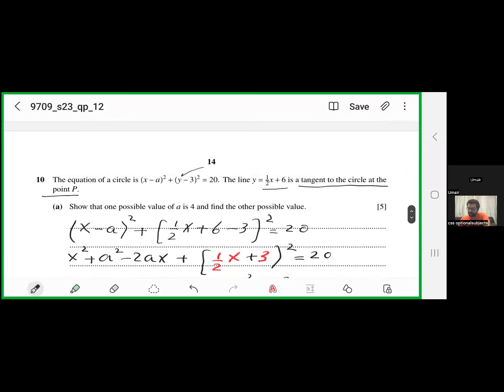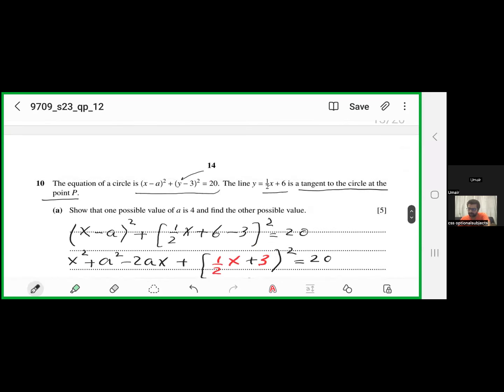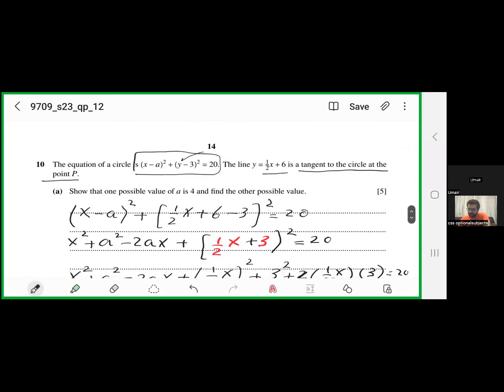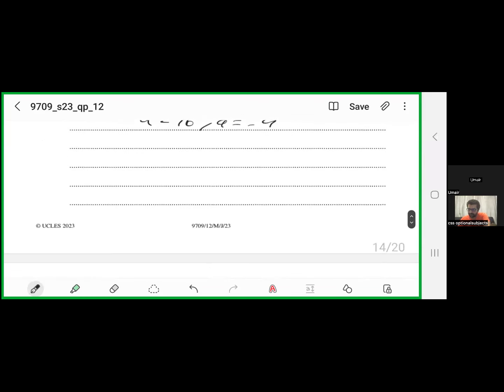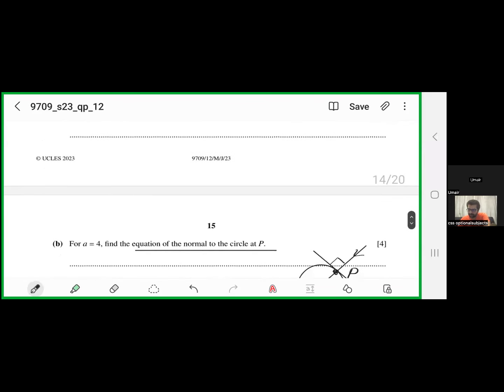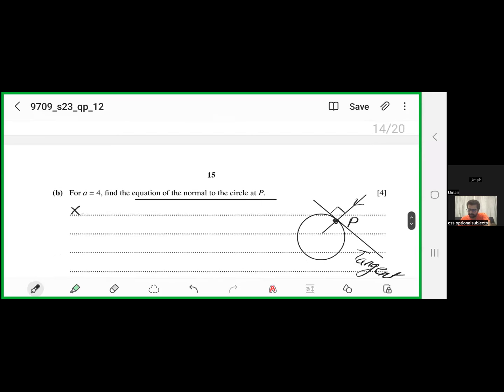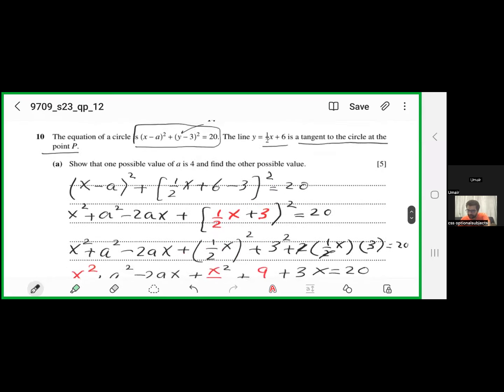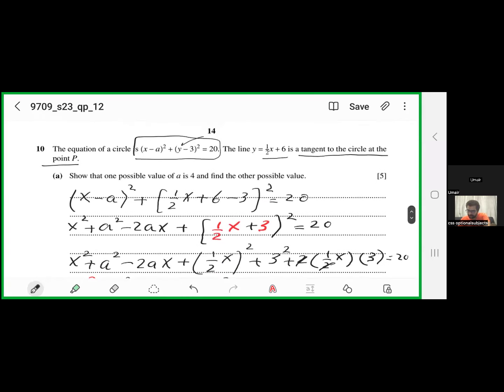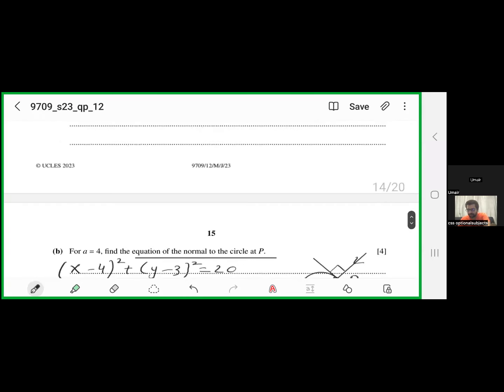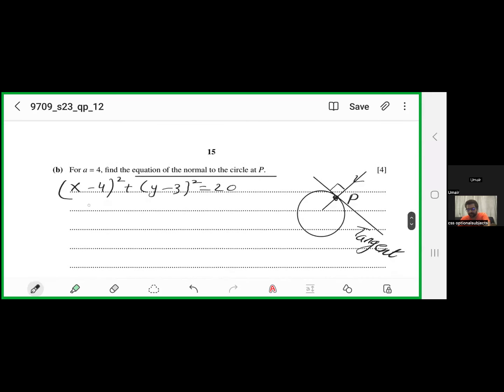To find the center of the circle, we are going to use this equation, (x minus a)(y minus 3) is equal to 20, and we have the value of a, so (x minus 4)(y minus 3) is equal to 20. Let me make sure I have written the right equation. Okay, so we can have the coordinates of the circle.